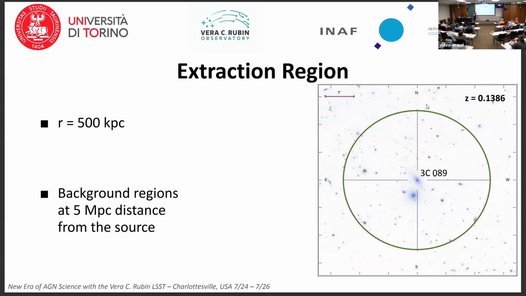Basically, I wanted to know if my radio galaxies were in a cluster or group, so I wanted to know how many galaxies we have in this region with respect to the background. I chose 4 background regions at 5 megaparsec distance from the source, and I took a median of these background regions.